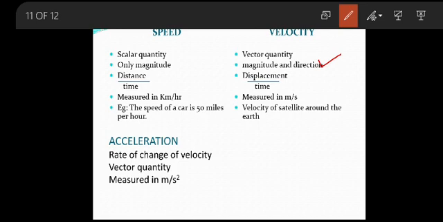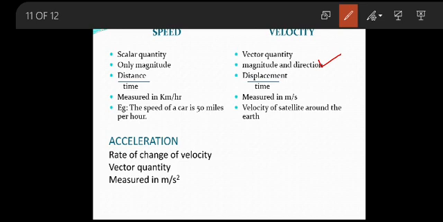Whenever I mention the speed of any object's motion with its direction, it becomes velocity. Okay, children? Like the velocity of the car was 50 meter per second in the east direction. The velocity of the bus was 10 meter per second towards the north.